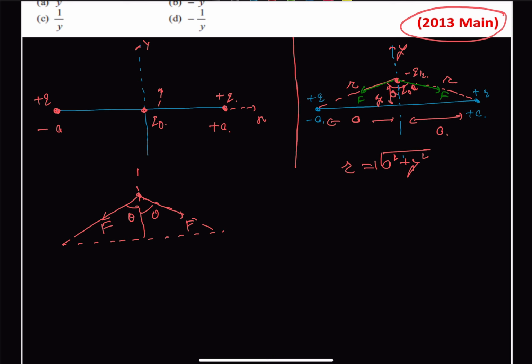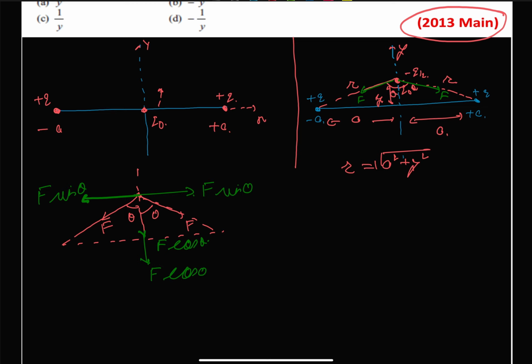So we can divide this F into respective coordinates. So one force will be in this direction, that will be F sine of theta, and in this direction we are going to have F cos of theta, and because of the other end we are also going to get F sine of theta, and here also F cos of theta.